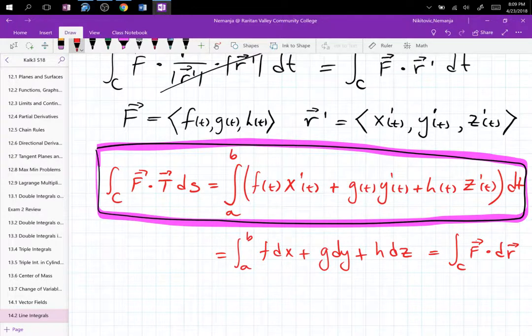So you see your f dx. What is dx? This is dx dt, right? So if you think about it, this over here is dx over dt, and this over here is dy over dt, and then dz over dt, and when you multiply each one by dt, it kills dt, kills dt, kills dt, and you're left with f dx, g dy, right?